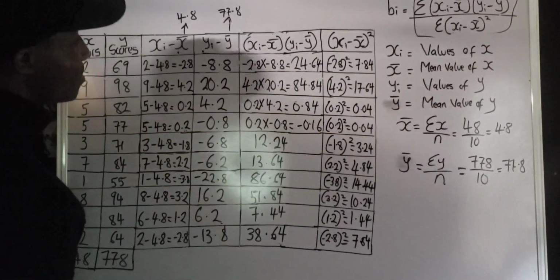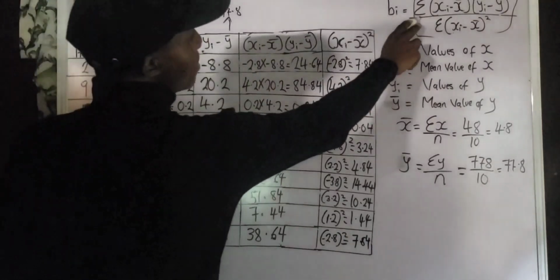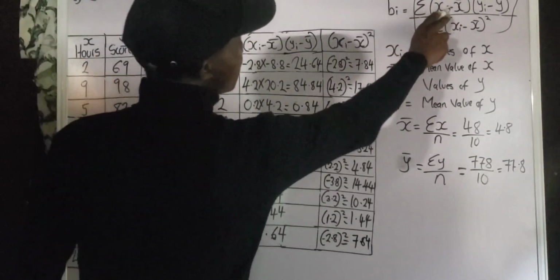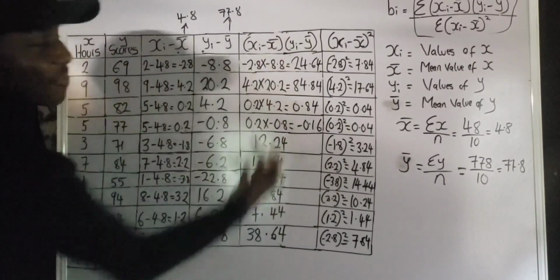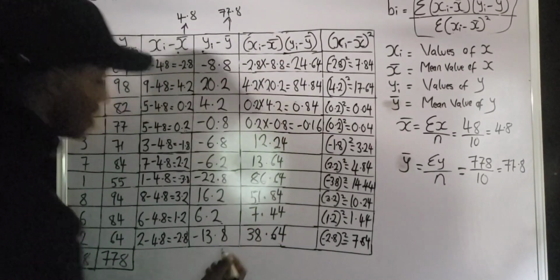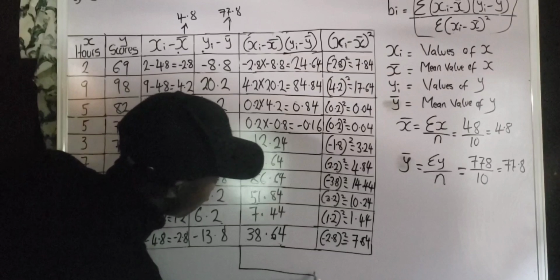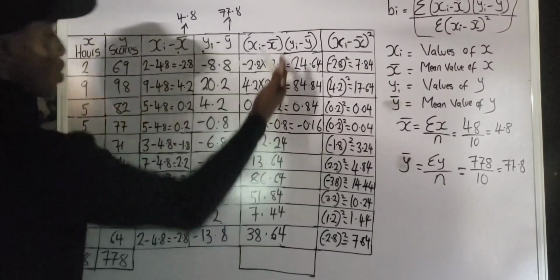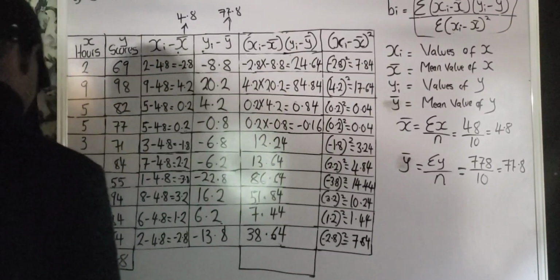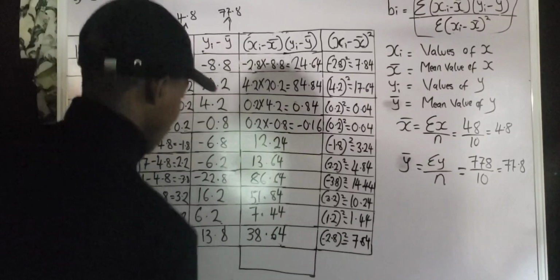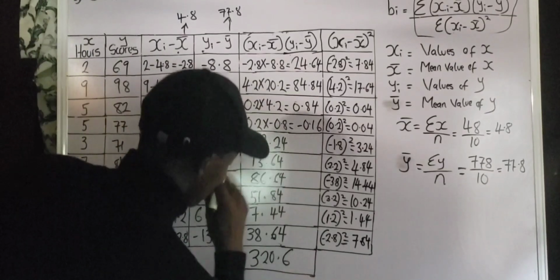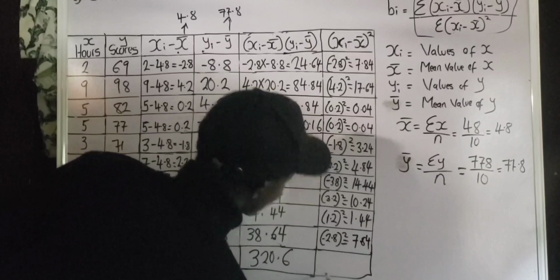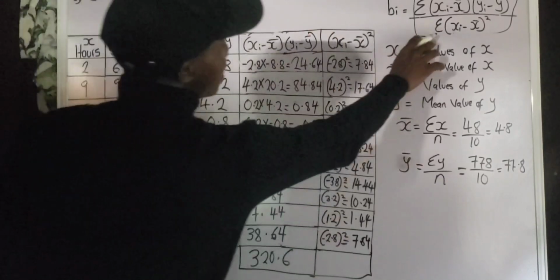But I still need the summation, because this sign means summation of the product of this and this. So I'm going to sum all the values that I have in this column. If you sum all these values, you are going to get 320.6. For these cells also, I still need the summation because this sign is also there.